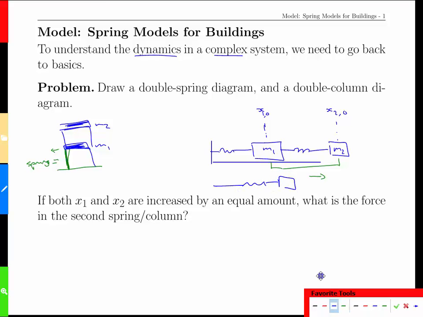But the stretch in the second spring is relative to the displacement of these two with respect to one another, not in absolute terms. And we'll see that play out when we look at the free body diagrams and the physics and the forces. So to answer this question here, specifically, if x1 and x2 are increased by an equal amount, then we get 0 force in the second spring.